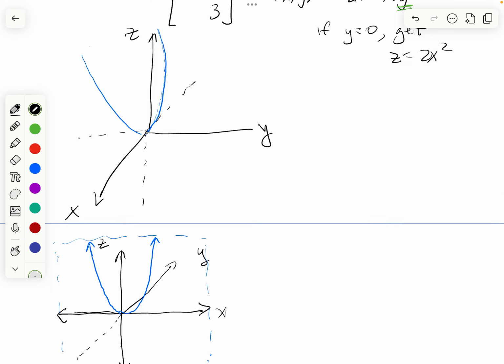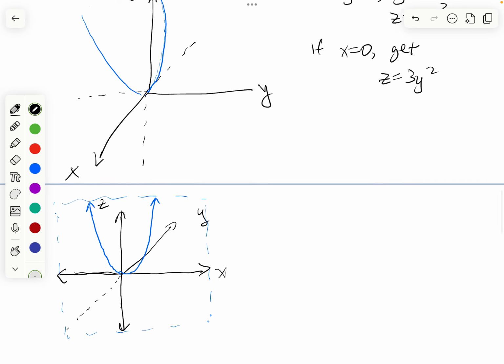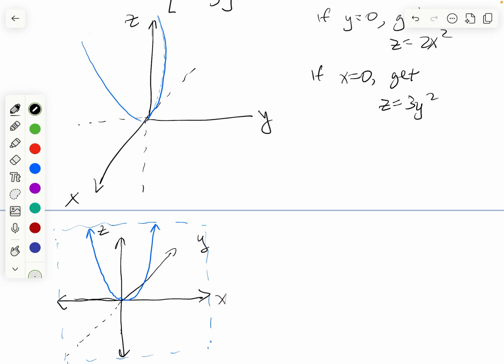And also, if you set x equal to 0, so now your x is equal to 0, you get z equals 3y squared. So let's see if we can draw that. Well, it's natural in this view to draw z equals 3y squared because you have this yz plane like this.